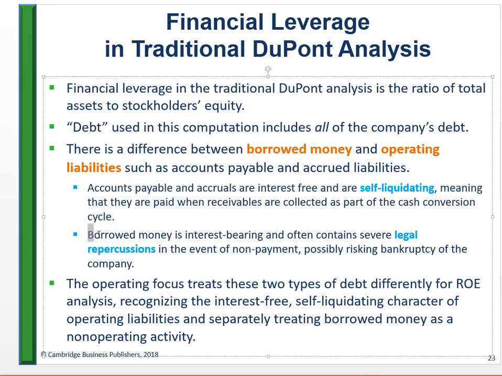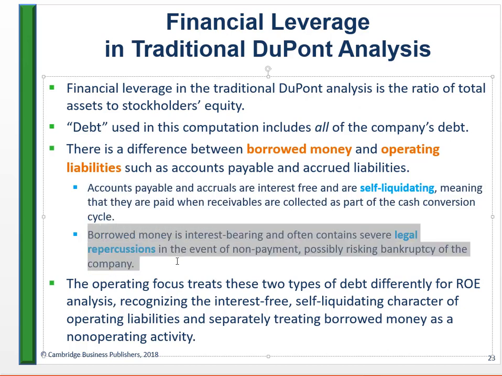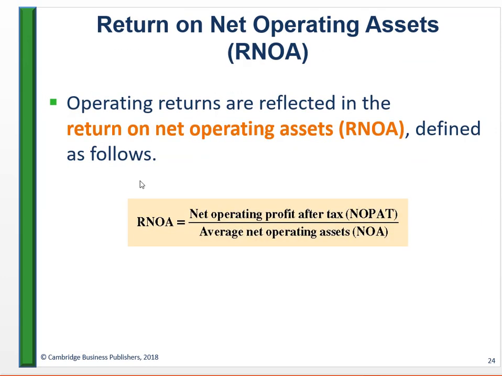Borrowed money is interest-bearing and often contains several legal repercussions in the event of non-payment, possibly risking bankruptcy of the company. This is what we would think of as a non-operating asset. So that's the key distinction, is in whether or not these are core to the ongoing operation of the business.